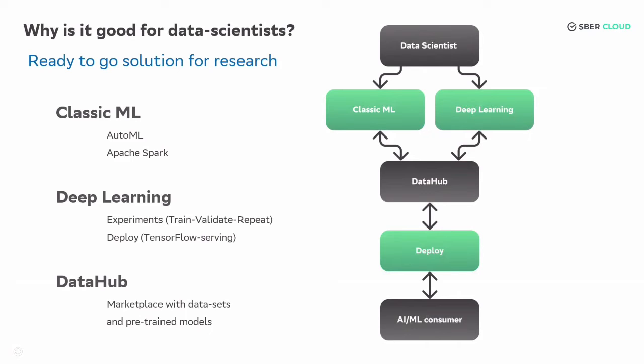We also use typical libraries. We have Apache Spark and AutoML. In the first case, it is possible to have solutions with the participation of data scientists. In the second case, you can use AutoML or rather Apache Spark for data processing by using oneAPI tools.